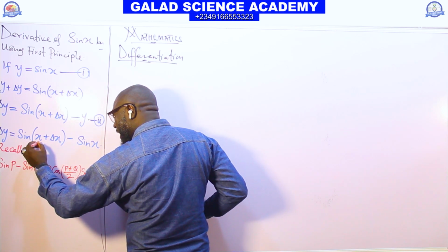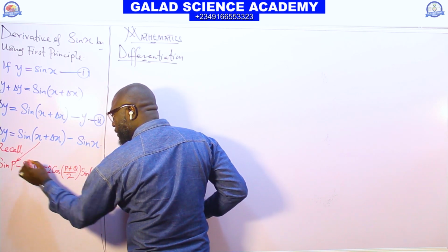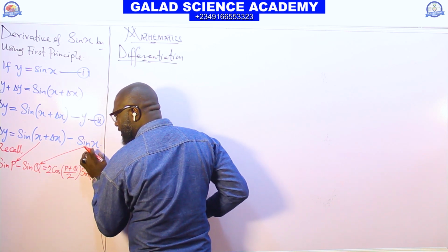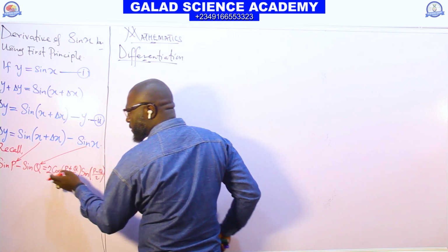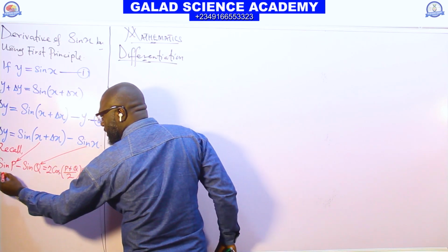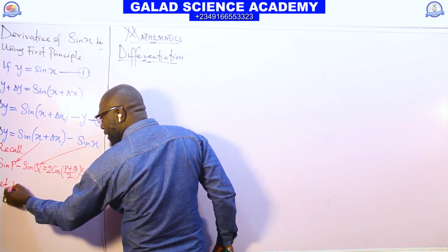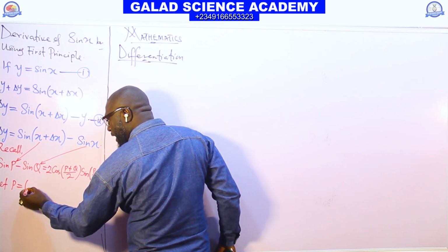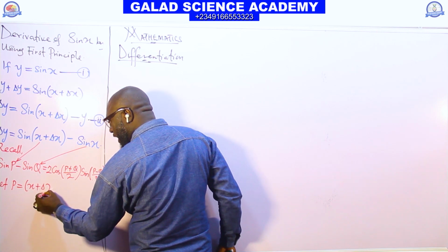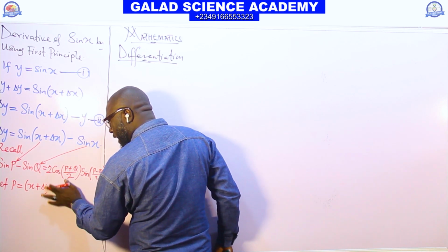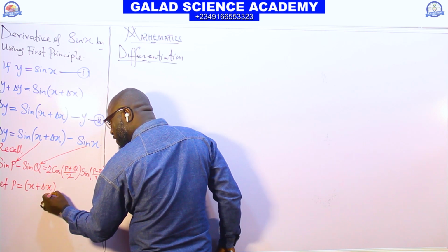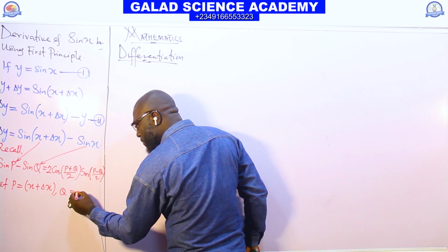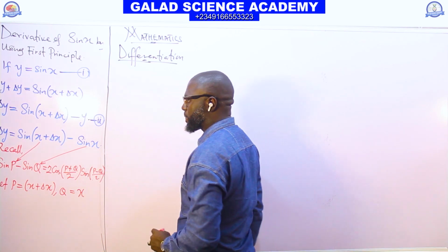Everything you have here is equivalent to p. Everything you have here is equivalent to sine x. This is minus between them. That's what? Let p equal to x plus change in x, and q equal to x.